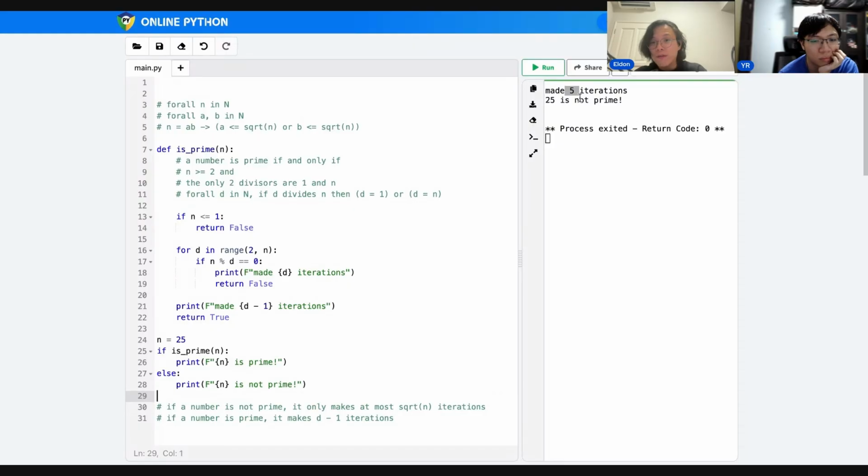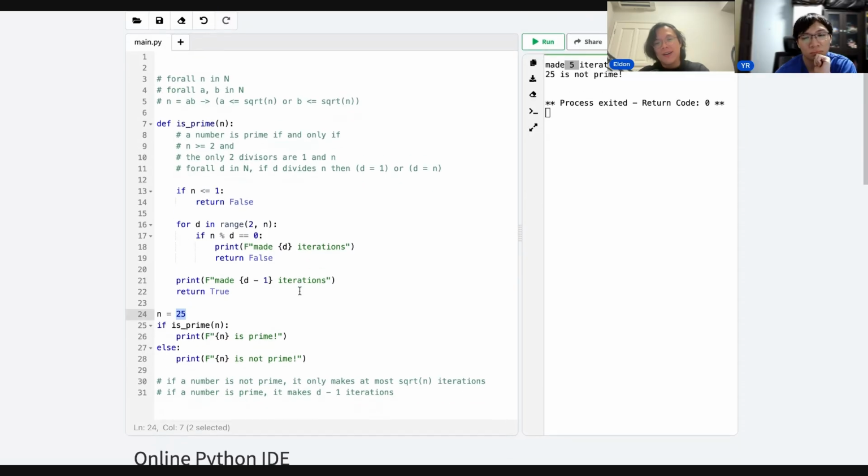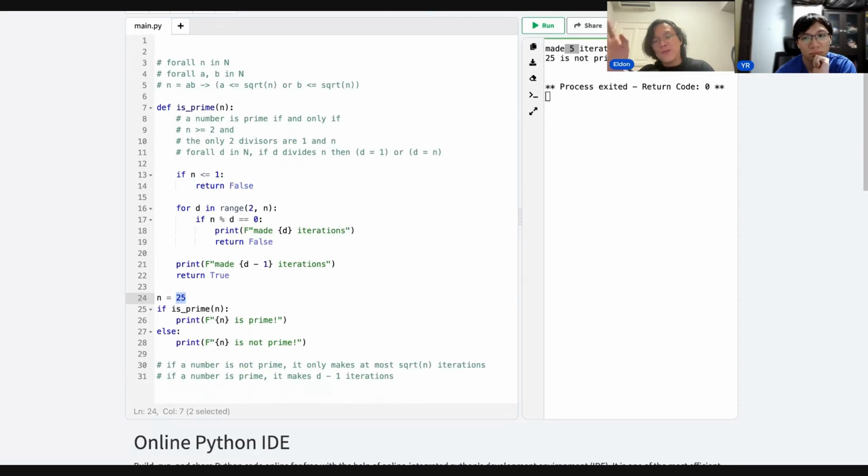So for example, 25, I only make at most 5 iterations. It's not possible for you to find me a number that is not prime where you make more than square root of n iterations. Another example, maybe 49. This is not prime. I only make 7 iterations at most.